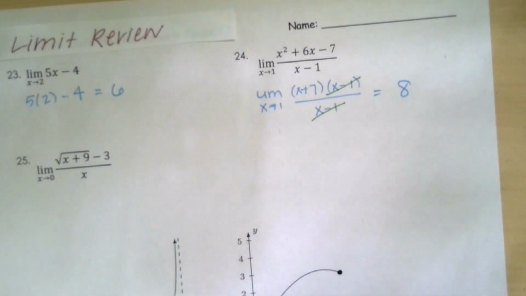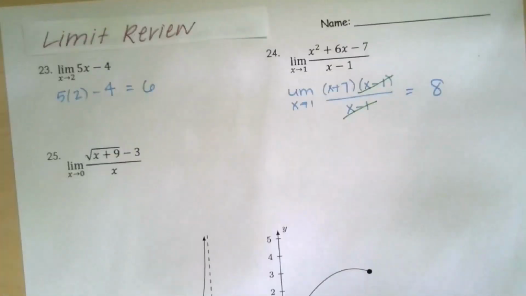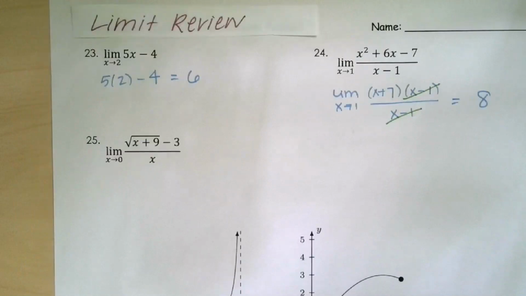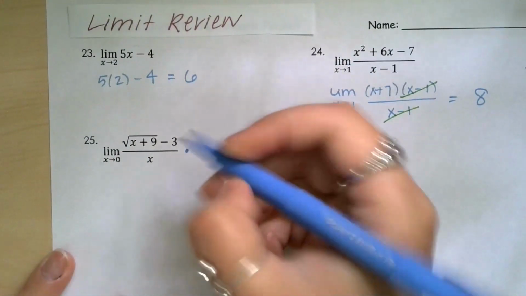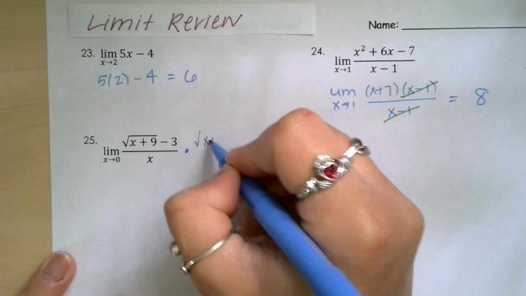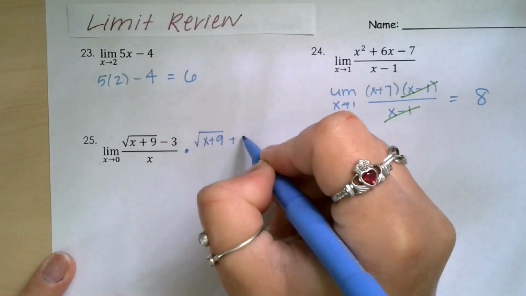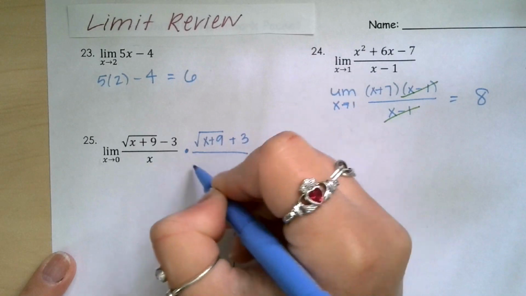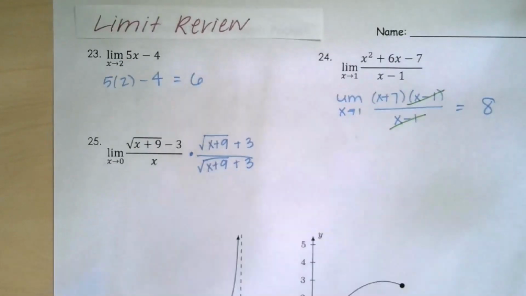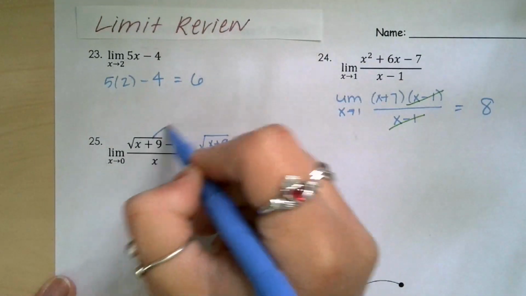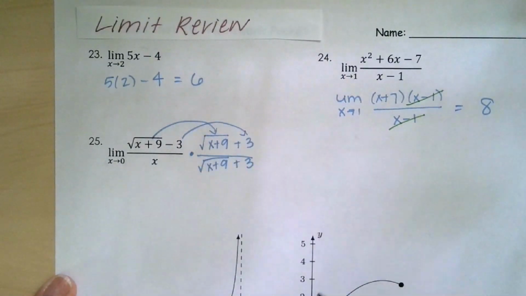Okay. Now, in our last example for rationalizing, again, got to multiply by our conjugate. So our conjugate for this one is going to be the square root of x plus 9 plus 3. So when we distribute, again, only first and last terms matter.